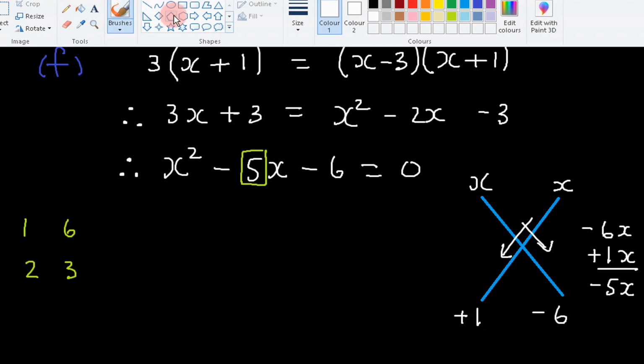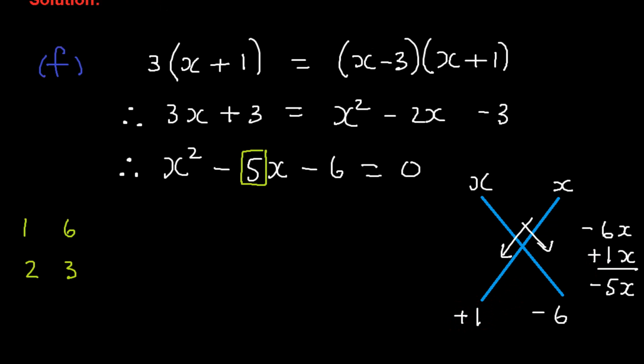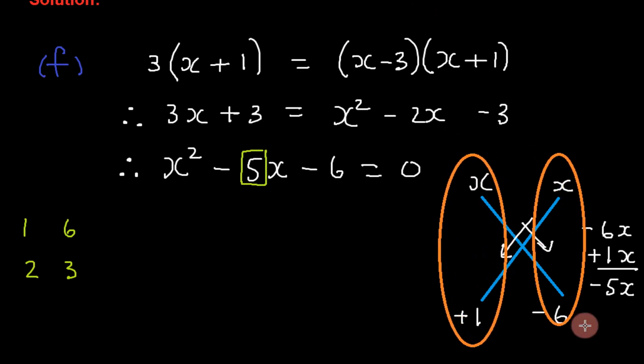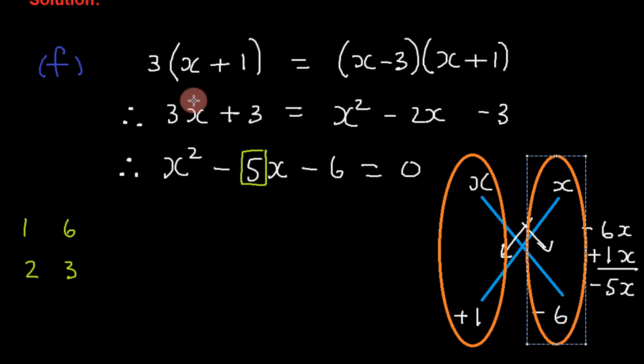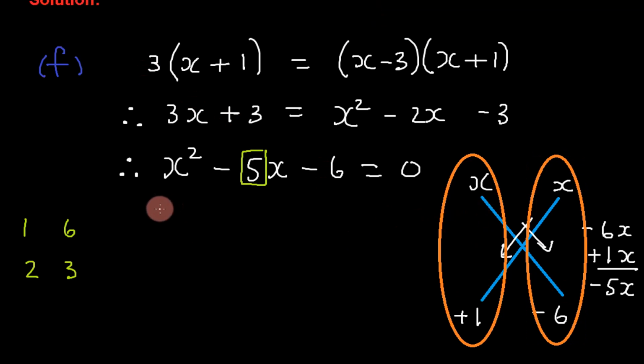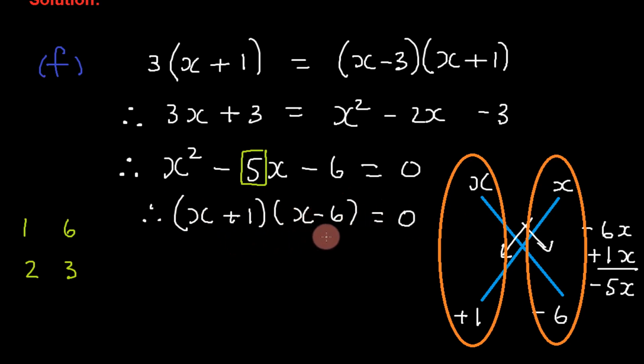Now we can group vertically. So x plus 1 in one set of brackets, and x minus 6 in the second set of brackets. We multiply out mentally.